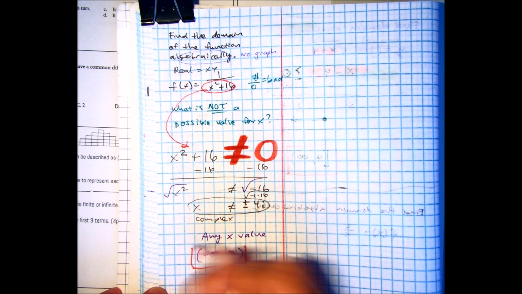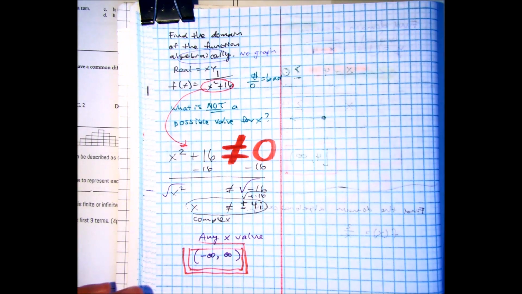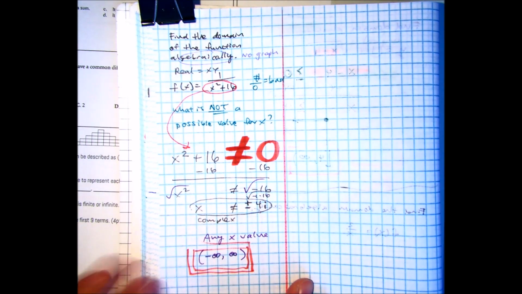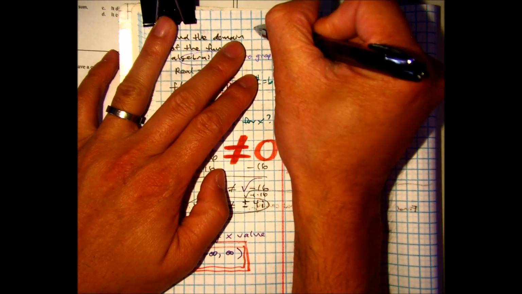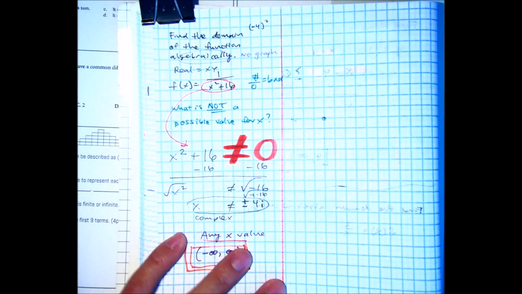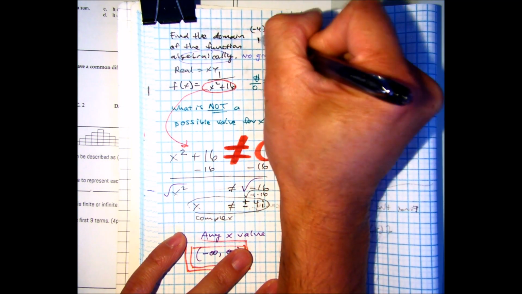Now some of you were automatically thinking, Mr. Ng, can't I just pick negative 4? Well, a lot of you guys missed that on your quiz. I don't know how many students missed it. Negative 4 squared is what, class? Positive 16.